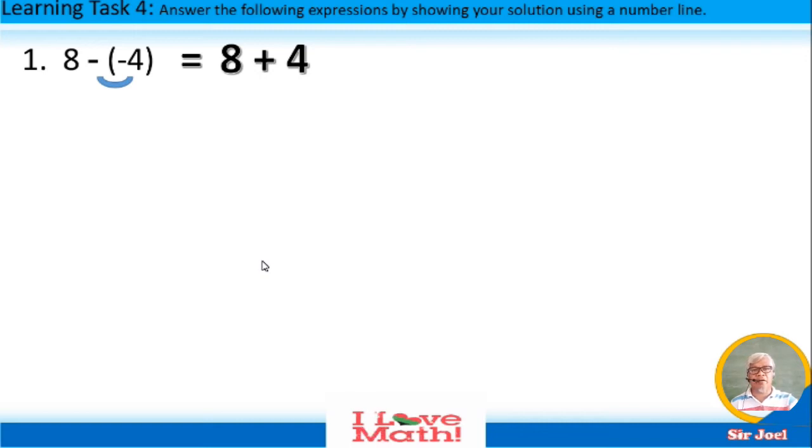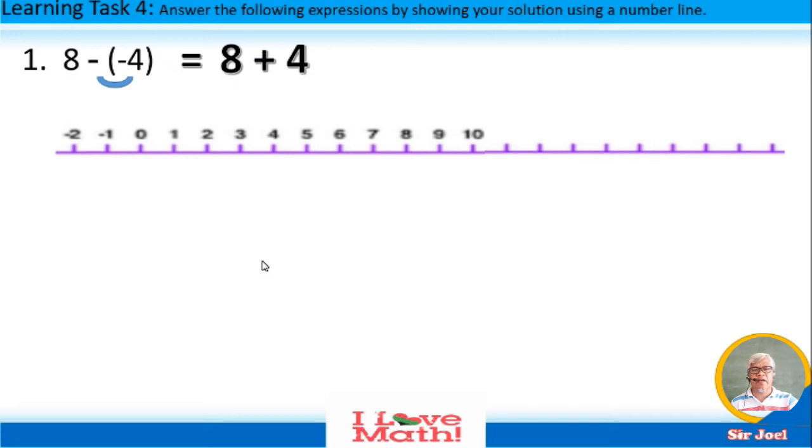Now, pag tinanong kayo, what is 8 minus negative 4? It is the same as 8 plus 4. And what is 8 plus 4? Alam kong alam nyo ang sagot, di ba? Pero ang sabi dito, using a number line. So, pakita ulit natin. Draw a number line. Since ang unang given ay 8, locate 8. Yun.